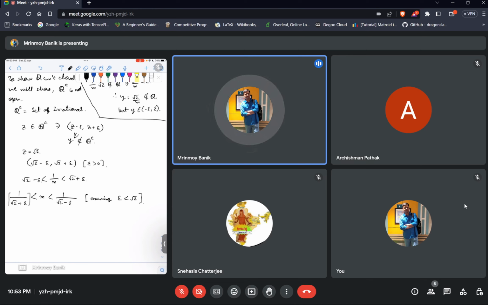So if we take the ceiling on both sides, then actually root 2 is pretty small, right? So maybe we should work with some larger irrational, like suppose 1 1 1 1 1.